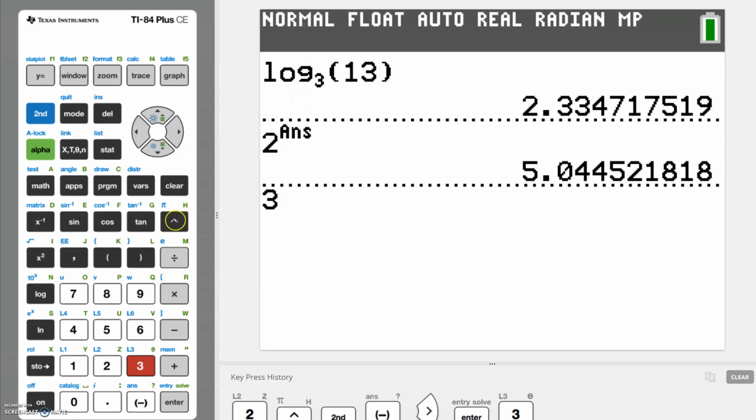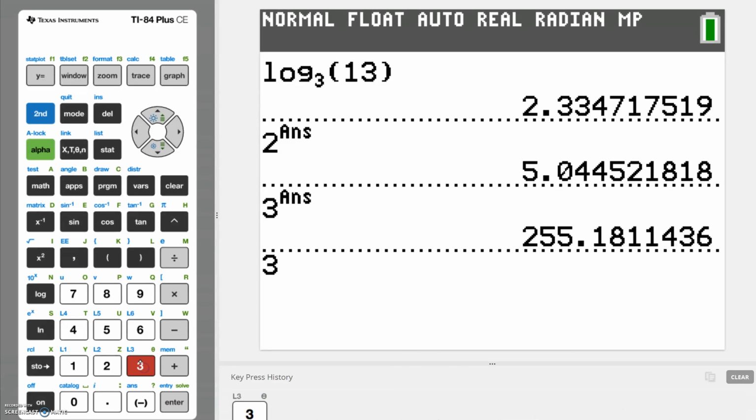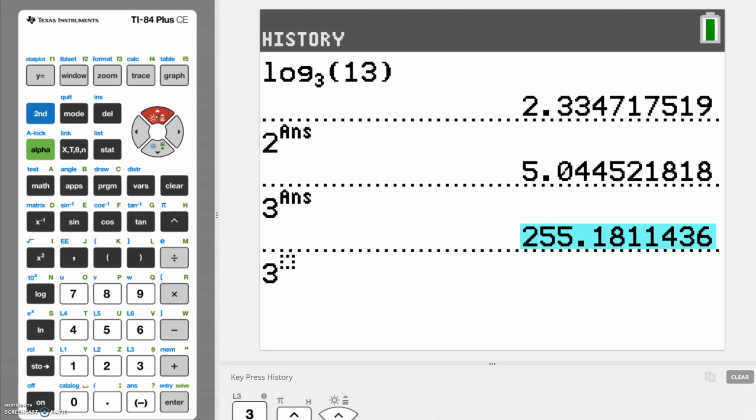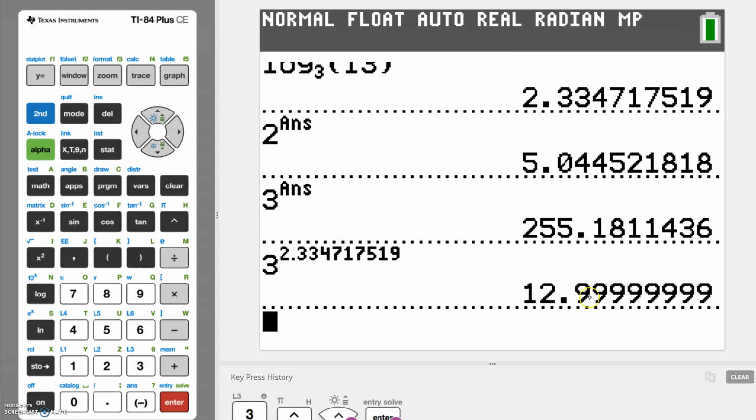Sorry. There we go. 13. Okay, 12.9 repeating, which would be 13. So that means log base 3 of 13 equals 2.335. Okay, ignore this stuff in here. That's all wrong.